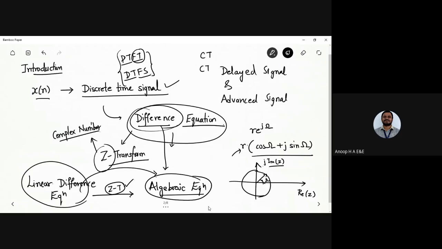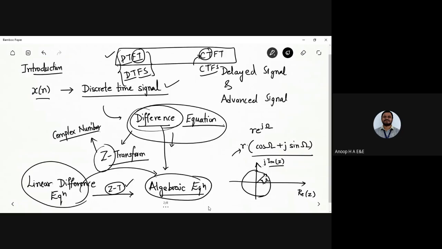The major difference between the discrete time and continuous time Fourier transform is that in the continuous time Fourier transform the signal varies continuously with respect to time, whereas in the discrete time Fourier transform you have the discrete nature of it.